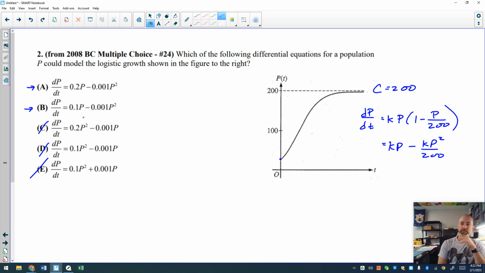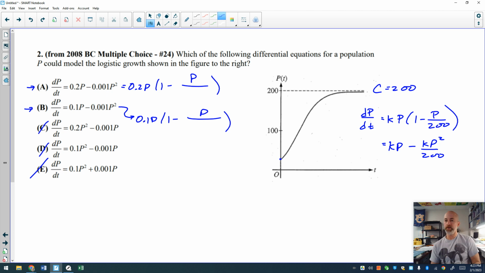Now I've got to figure out which of these two will give me a carrying capacity of 200, which means which one, when I factor out 0.2P, will leave me with 1 minus P over something. And this one, I'm going to factor out 0.1P, which will leave me with 1 minus something. We just have to figure out which gives me 200 in the denominator.